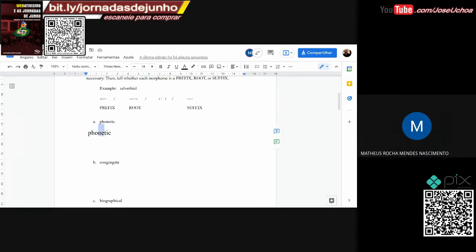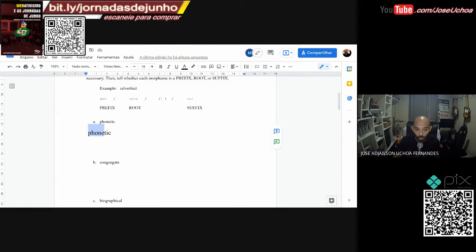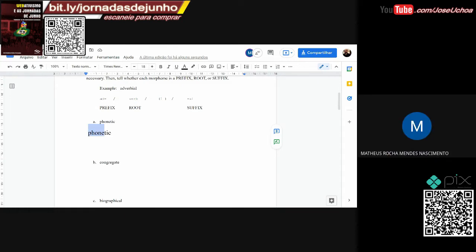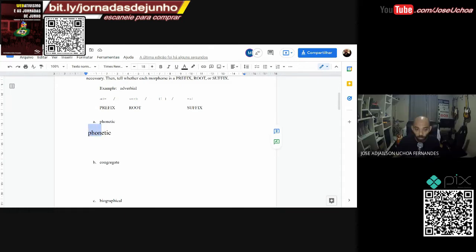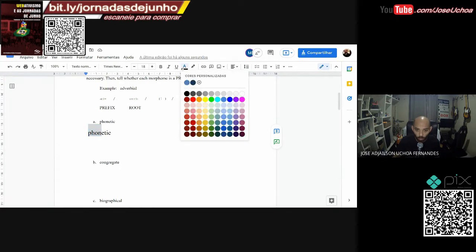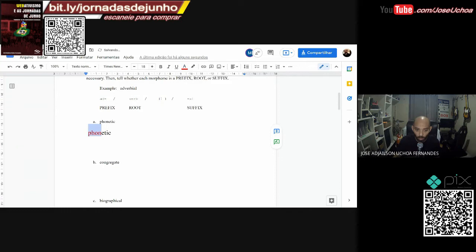Phone, with the E included, or with the E excluded? Phone like this, and the letter N like this. Phone, or with the E all together?